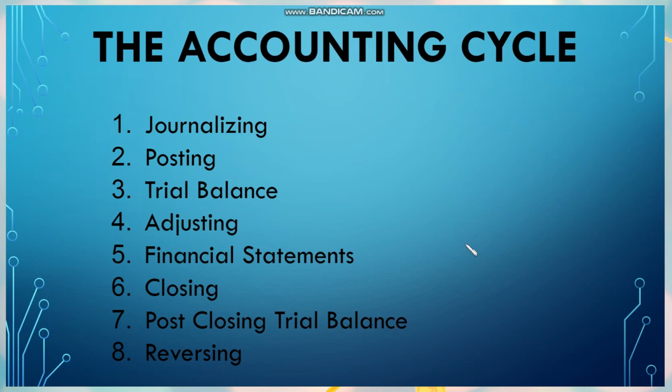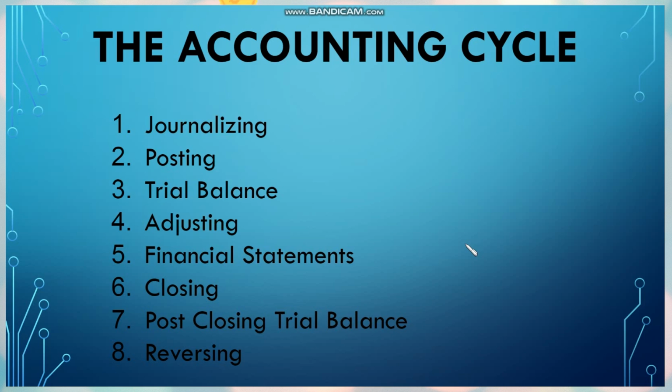Now, the steps in the accounting cycle are done within one accounting period. When you say it's an accounting period, it is usually a period of time that is around 1 year. Generally, this accounting period starts from January 1st and ends on December 31st.